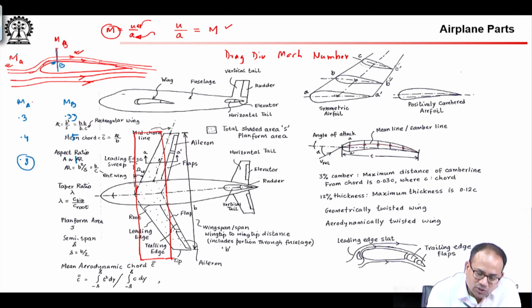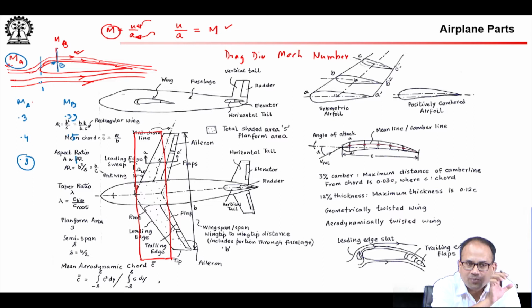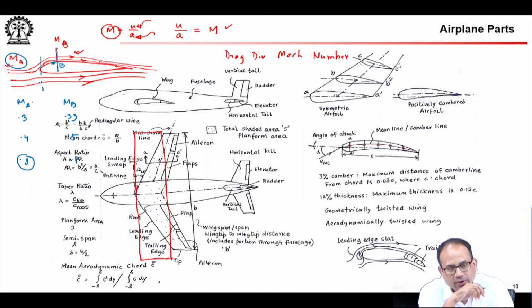So, assume that the point A is located sufficiently upstream from the airfoil. In this picture my A point looks almost close to the leading edge, but go a few chord lengths upstream, so that the effect of the airfoil is not felt at that point. I mean the effect will be felt, but it is not significant.